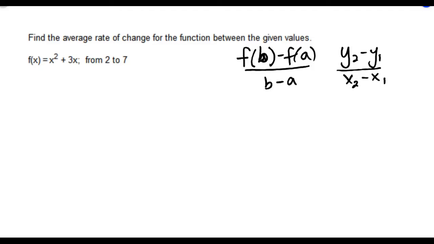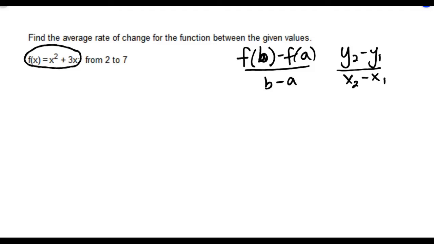If you look at the average rate of change formula, f of b and f of a are two y values, and we're subtracting them, and then we have their associated x values in the denominator that we're subtracting. So this is very similar to the slope formula, and the main difference is that with the slope formula we're going to be using two points on a line, and with the average rate of change our two points are on this function here, which doesn't necessarily have to be a line.